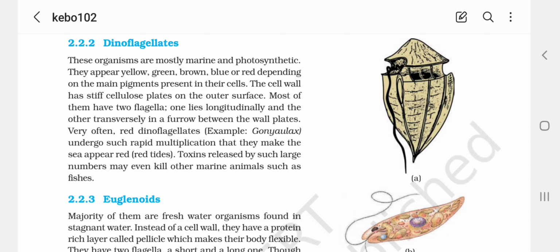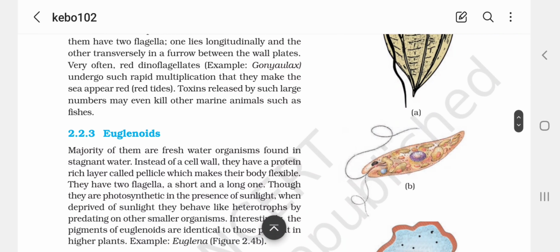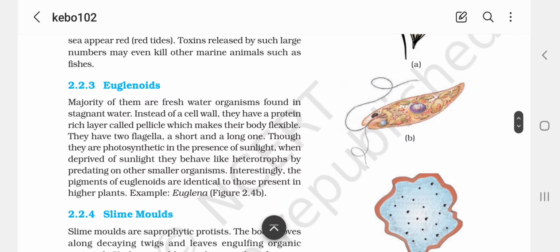One lies longitudinally and the other transversely in a furrow between the wall plates. Very often, red dinoflagellates, for example Gonyaulax, undergo such rapid multiplication that they make the sea appear red, causing red tides. Toxins released by such large numbers may even kill other marine animals such as fishes.